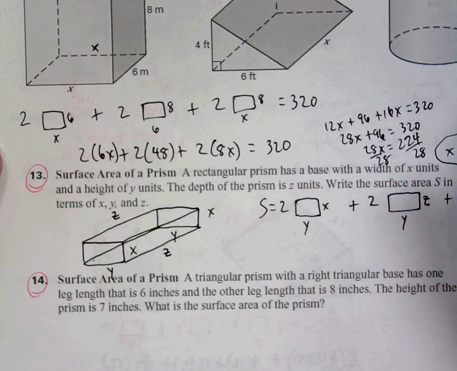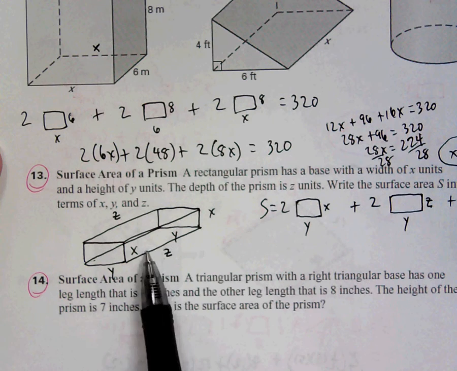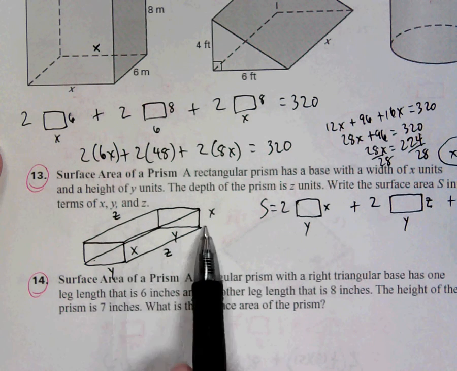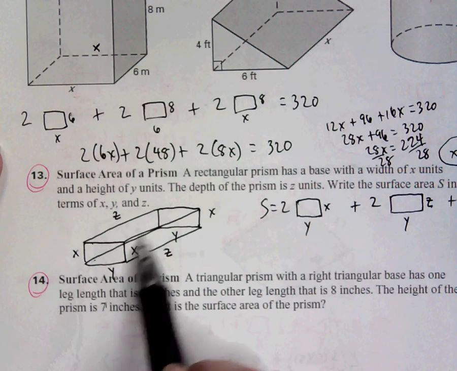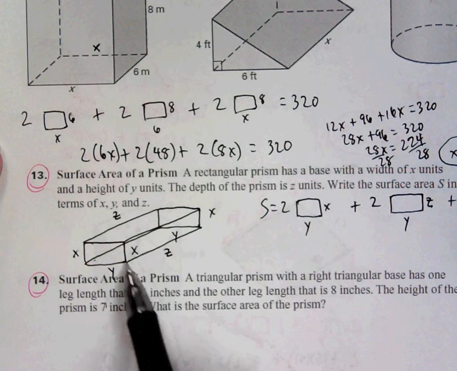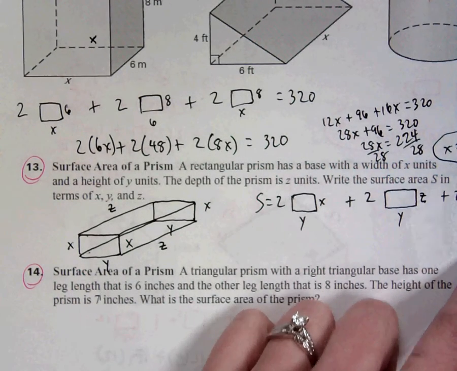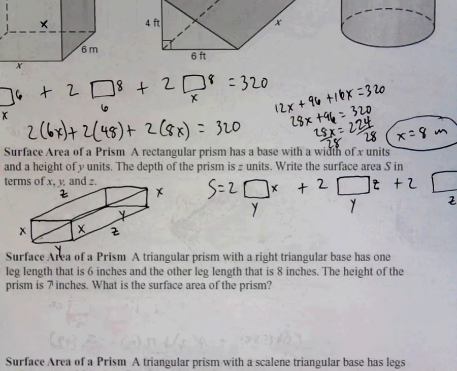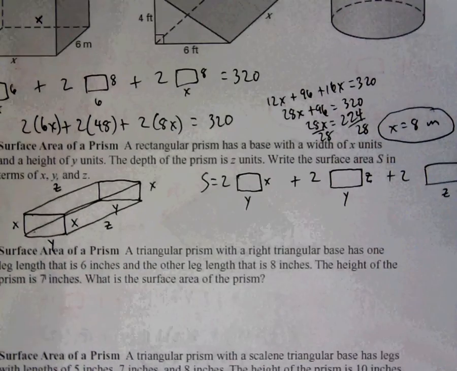Plus I've got two more rectangles, I kind of think of the sides here, that are x by z. X, because this would be x right here. So I'm talking about this one and this one. And I couldn't quite see what I was drawing there, so I can see that a little bit more.